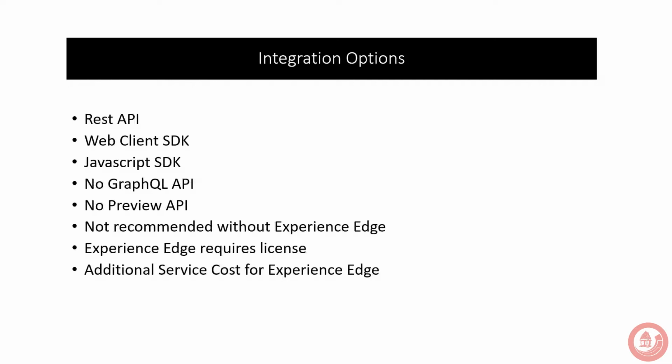And as you know, GraphQL is much more efficient in that sense. Whatever data you need, you can ask for that data. It's the client that controls what kind of data or how much data you want to get from the server. So it's highly recommended to use Experience Edge, because if you use just Content Hub, first of all, you will get everything from the API, and also it's not as efficient as GraphQL.